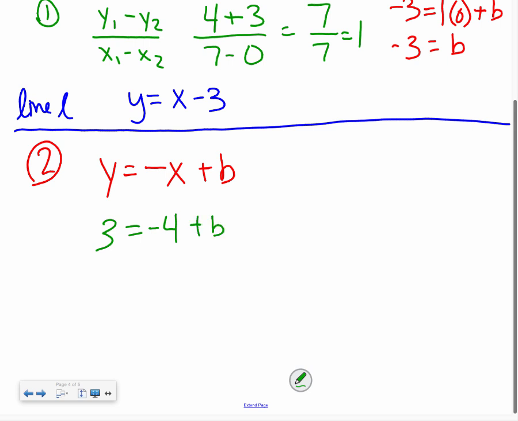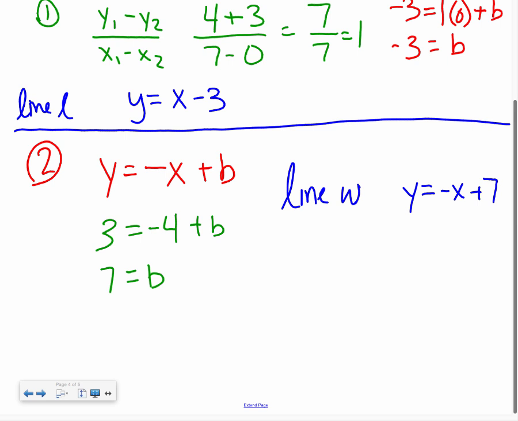Add 4 to both sides to get b by itself, and we have that b equals 7, meaning our equation for this line, I'm going to call it line W, is y equals negative x plus 7. So now we have our two equations for our lines.